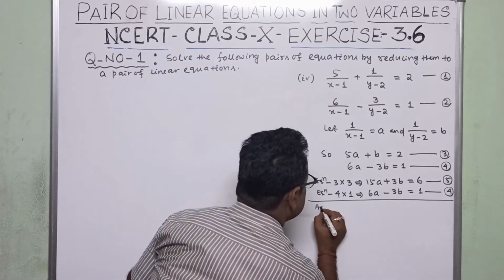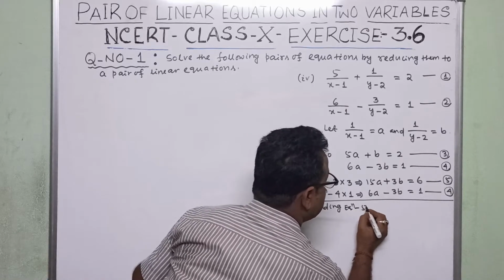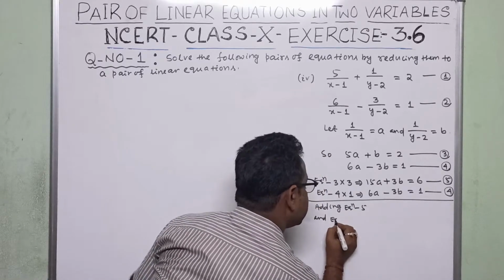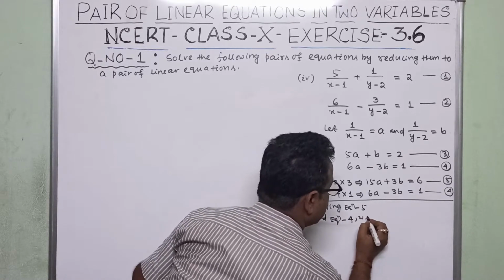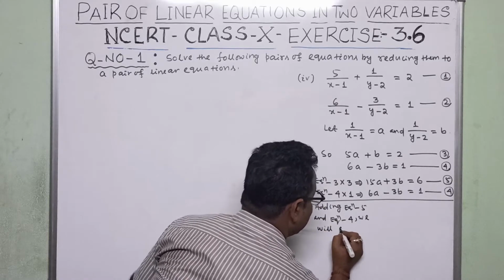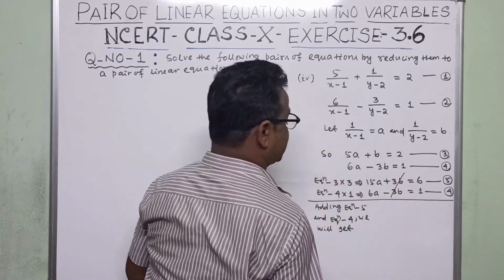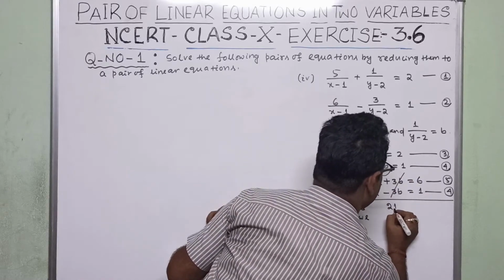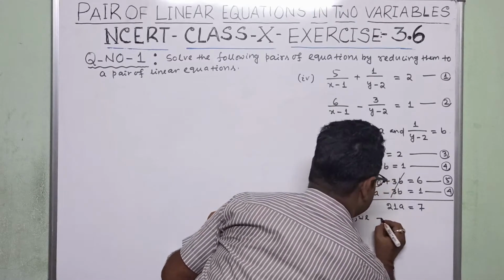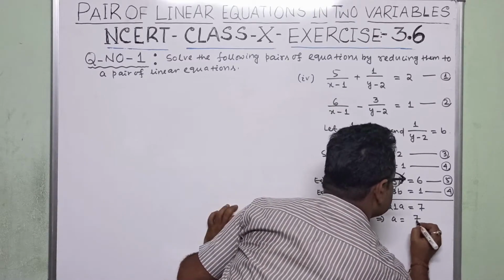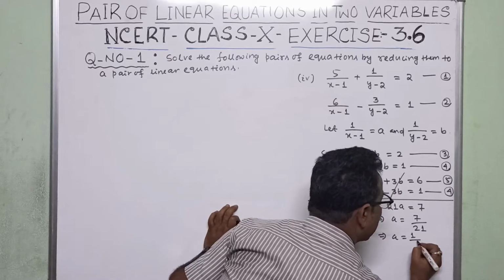Now adding equation 5 and equation 4, we will get, add, cancel. Now 21a is equal to 7. That implies a is equal to 7 by 21. That implies a is equal to 1 by 3.